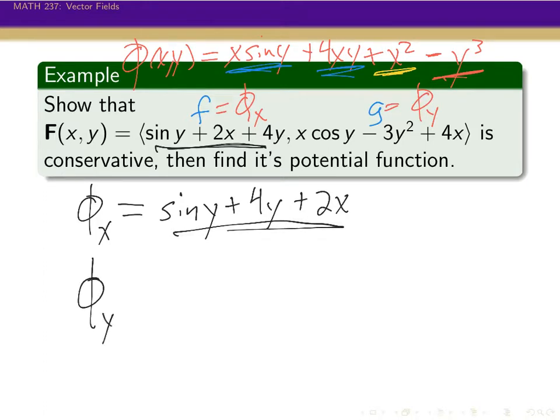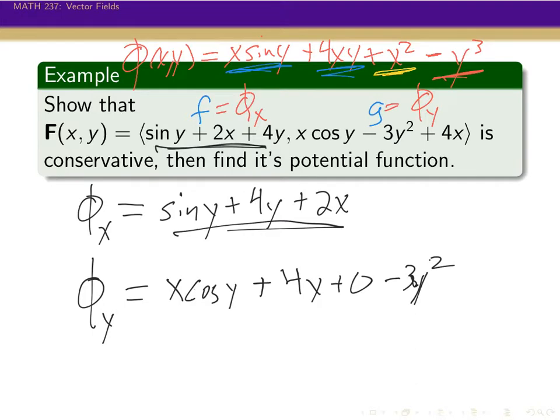If we take the partial of phi in terms of y, I'm taking the derivative of x sine y, so x stays the same, sine y becomes cosine y, plus the derivative of 4xy in terms of y is going to give me 4x, plus x squared in terms of y is going to be 0, and then minus y cubed is going to give me 3y squared.